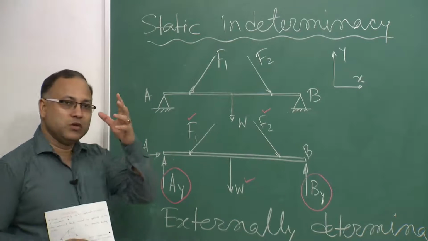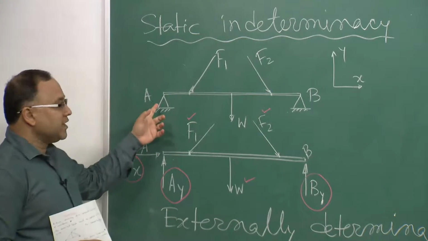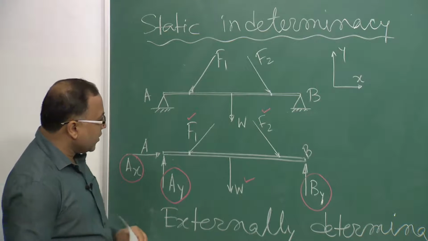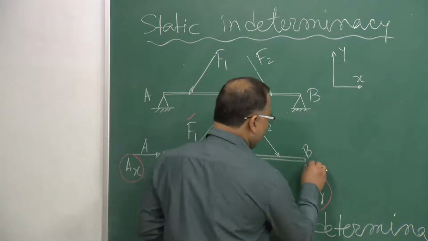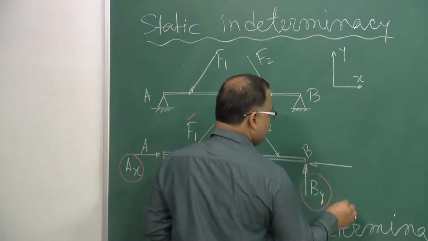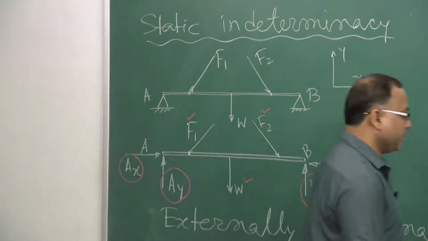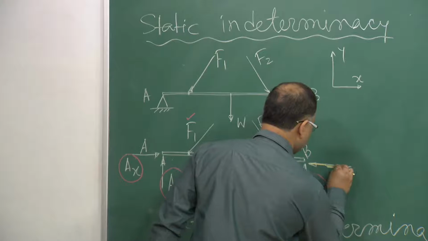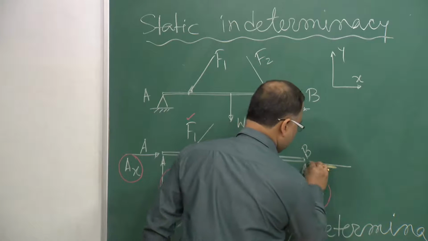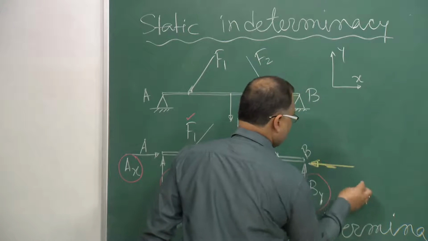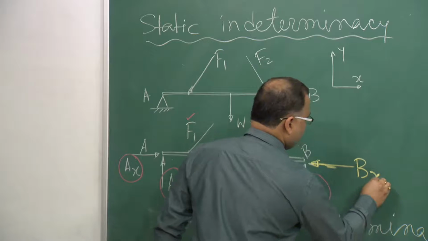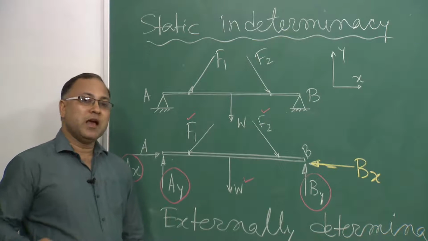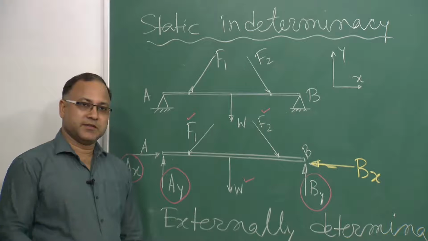So I have 2 hinge supports, one at A and another at B. Therefore, if I want to draw the free body diagram, point B will have one more reaction, that is Bx.